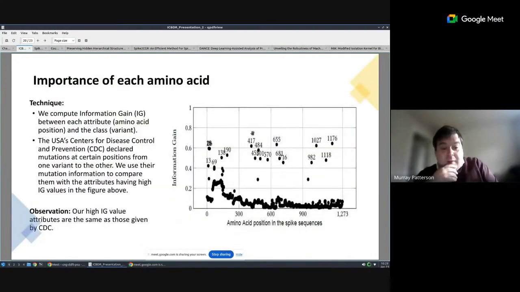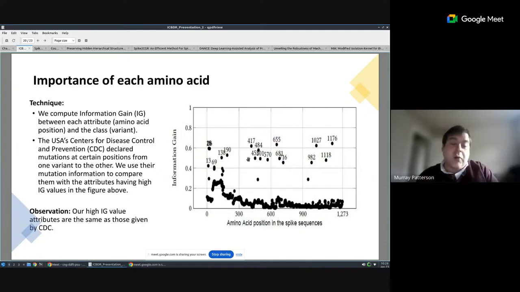I did want to mention this as well. This is maybe a bit of a bold statement, but we did look at information gain. In this case we used a one-hot encoding, because we wanted each position in the embedding to represent the actual amino acid, a position in the aligned sequence. Information gain is how much information a particular amino acid position gives to the clustering, right?